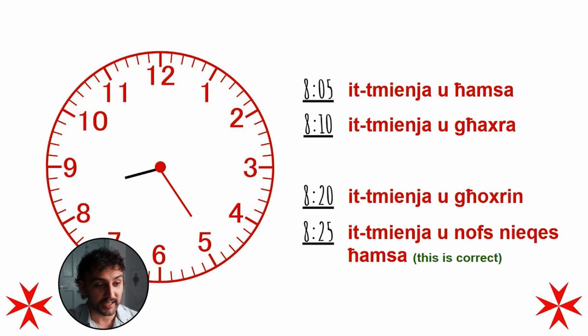And this, in its literal translation, is the 8th hour and a half minus 5. In other words, it's 8:30 minus 5 minutes. And this is how we say it's 8:25. Now, please don't ask me why it's said like that. I don't make the rules, okay? But yeah, it's just the way it's said, I'm afraid.